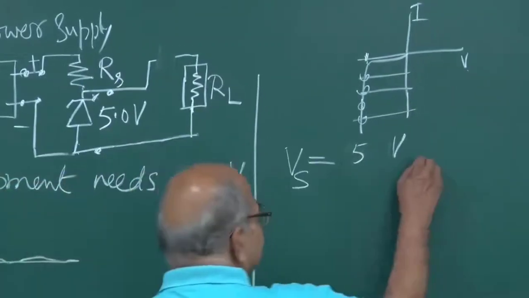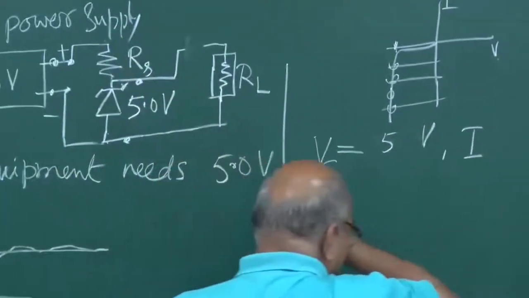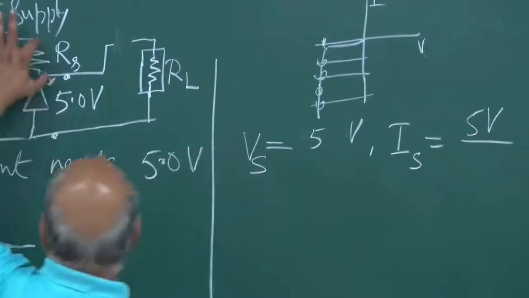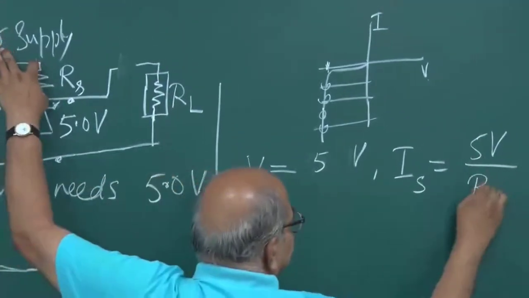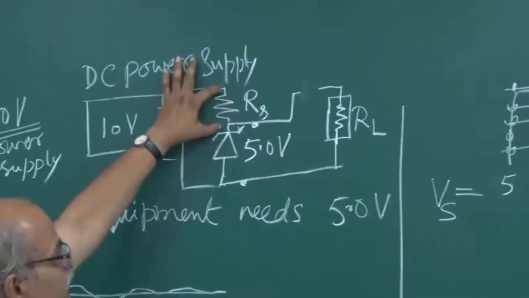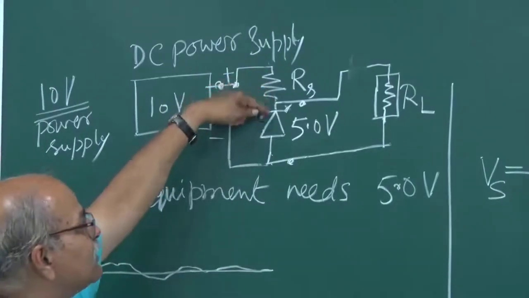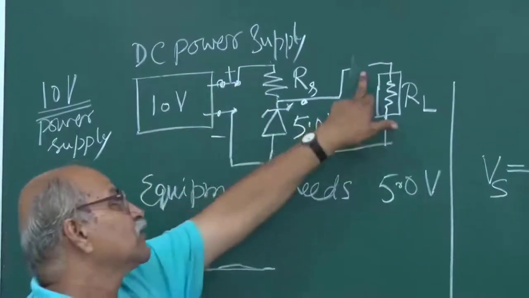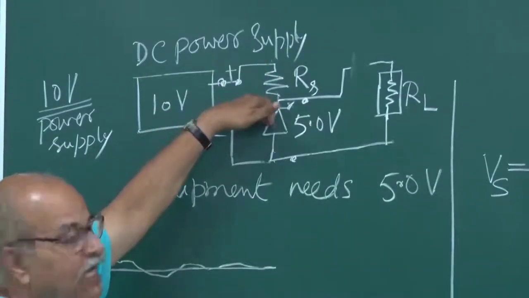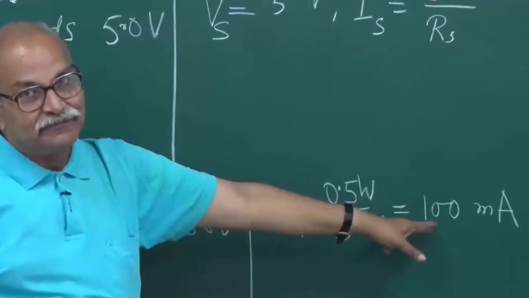Nevertheless, what is the current through this RS? That current will be 5 volt divided by this RS. Voltage drop divided by resistance will be the current. But that same current is going through the Zener, because I have already broken this part, and that current should not exceed 100 milliampere.